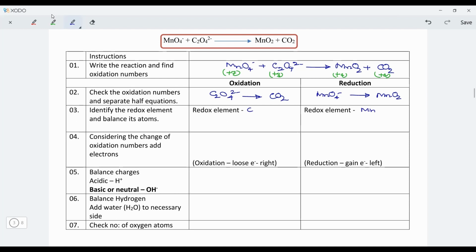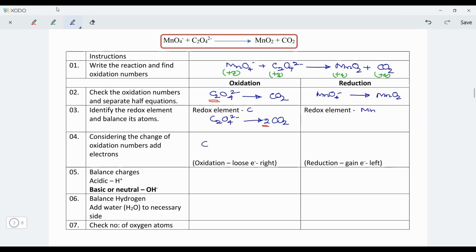Then you need to balance atoms like we did earlier. There are 2 carbon atoms, so I need to put 2 in front of carbon dioxide, and here you don't need to do anything. Then, in the next step we consider the oxidation numbers and add electrons.